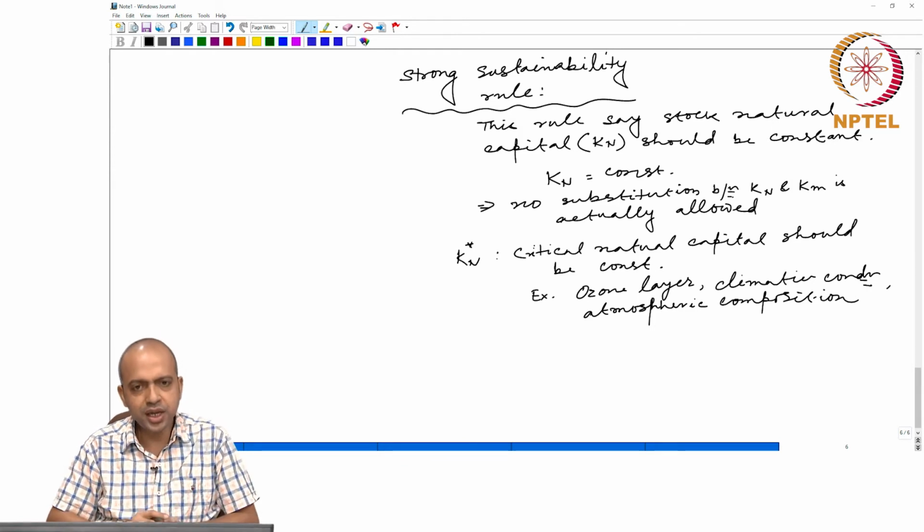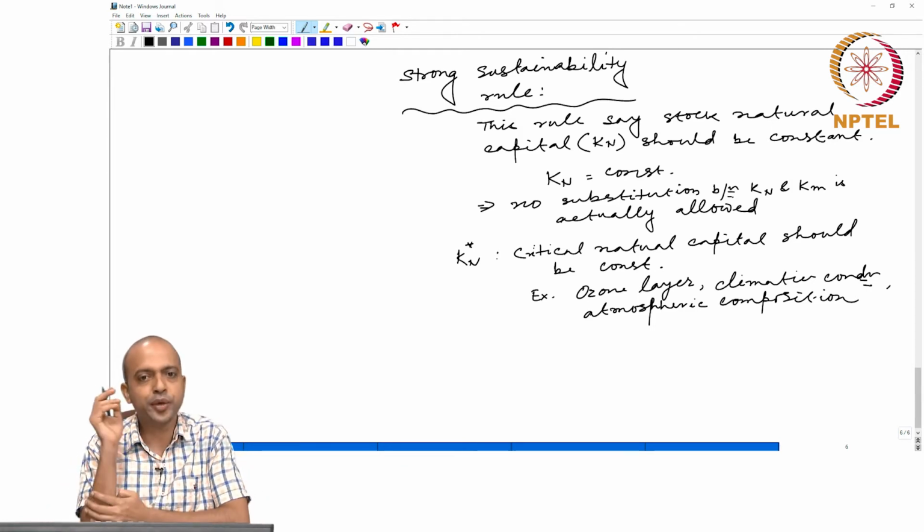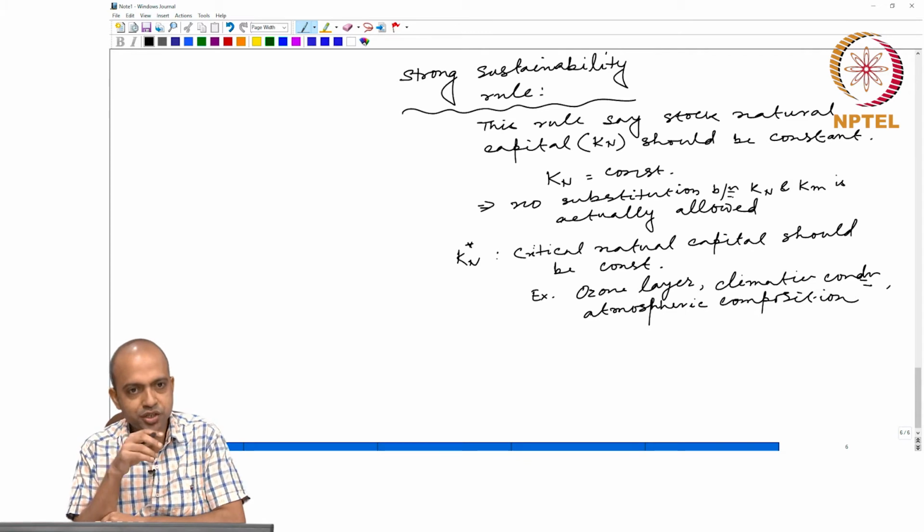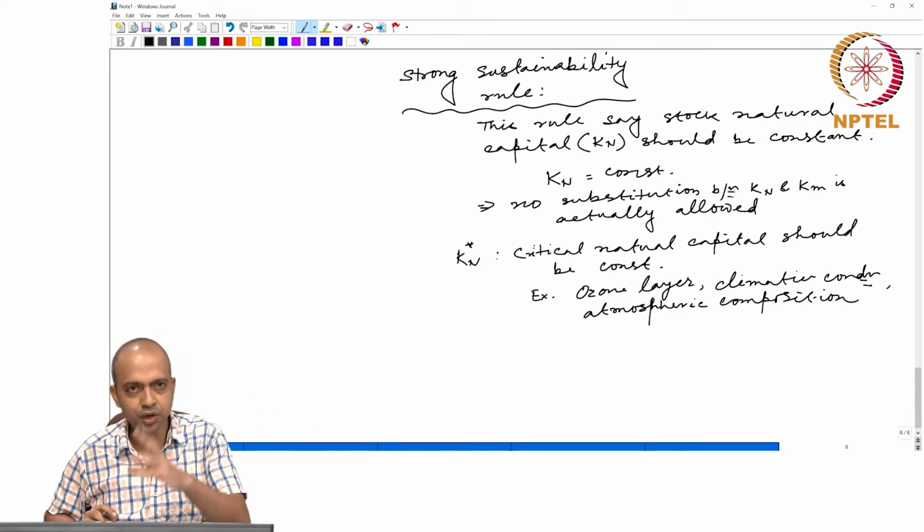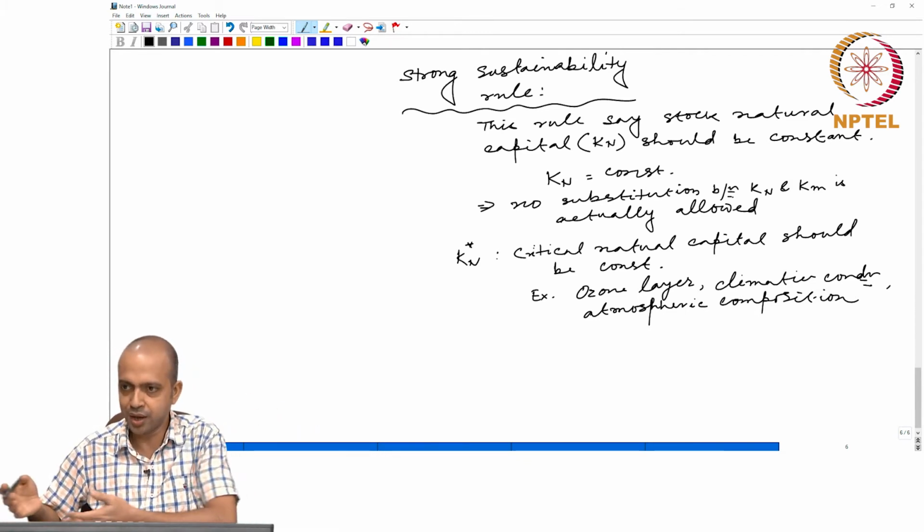Now, here again, within the category of Kn there are different forms of natural capital. We have forest, wetland, ozone layer, and so on.